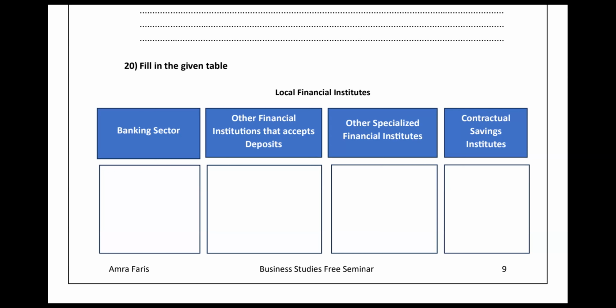Okay, and the next one is cooperative rural banks. If I go to teach you licensed finance companies, CBSL, LCB and LSB, it will take a lot of time. But for cooperative rural banks, I'll just tell you what it is.